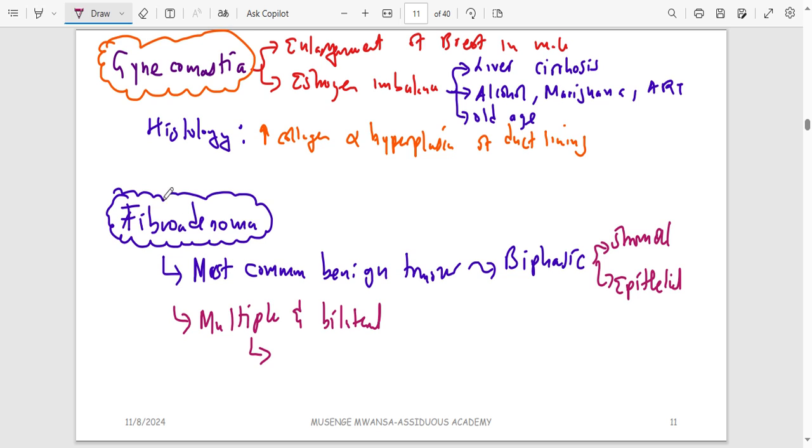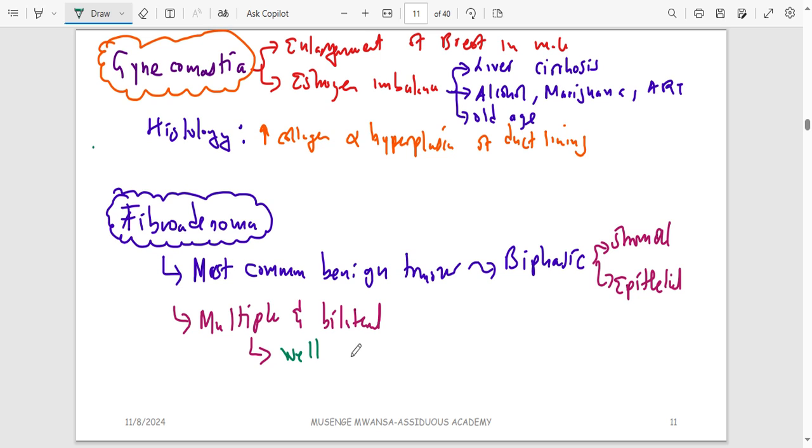So the morphology, how are you going to tell that this is fibroadenosis? When you talk about their size, they range from 1 centimeter until they become very big, such that they cover the entire breast tissue. So the entire breast tissue is gone. Other features that I don't want you to forget about fibroadenosis is that besides them ranging in size, they are well circumscribed.